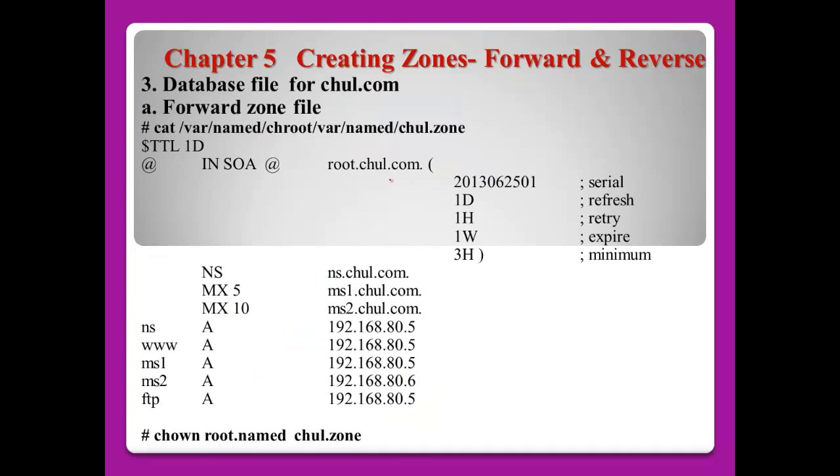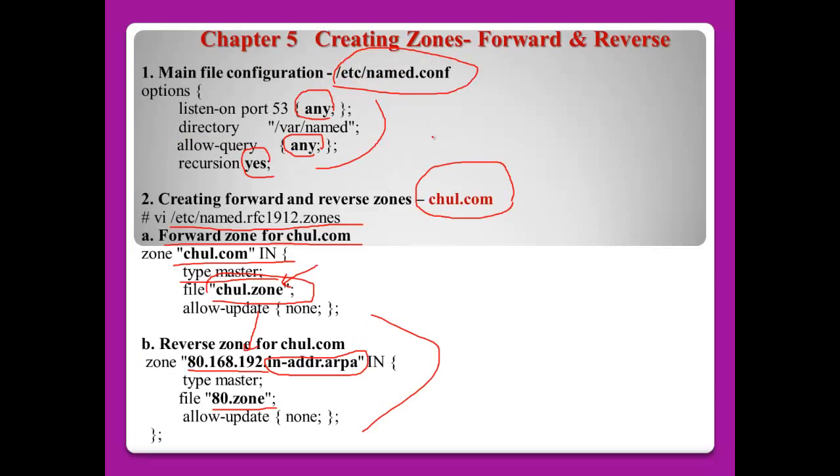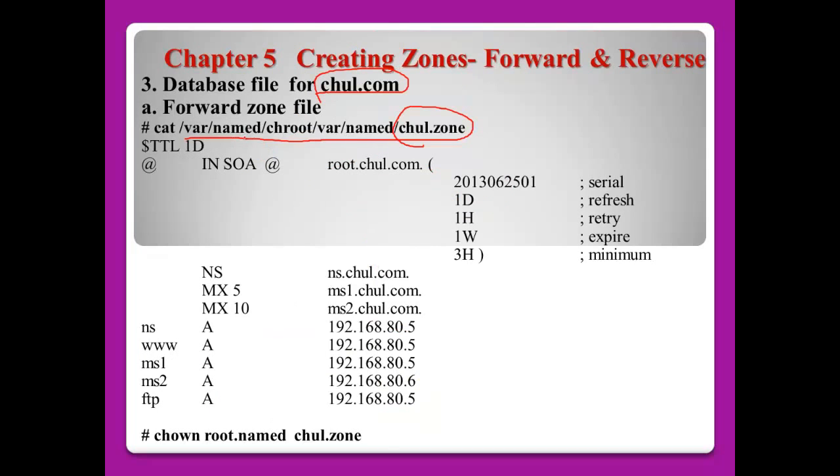After that, number 3, we need to create the zone database file for the domain chol.com. First, the forward zone file, in my case /var/named/chroot/var/named/chol.zone. This file name must be the same as the chol.zone in the rfc1912 zones.